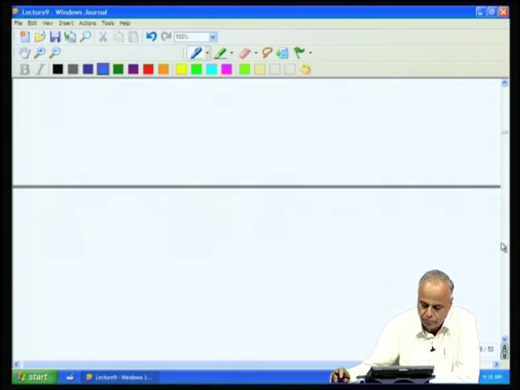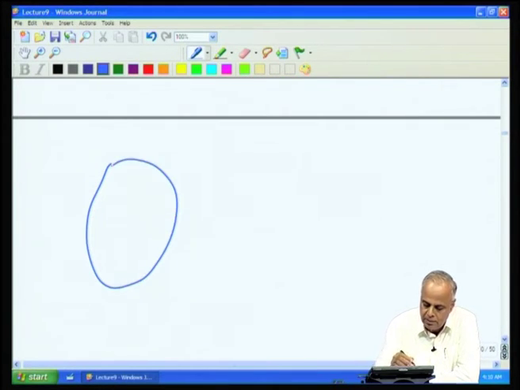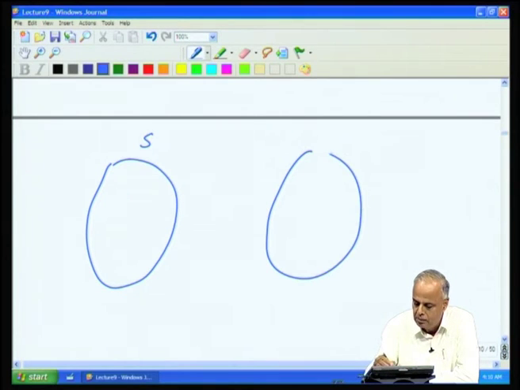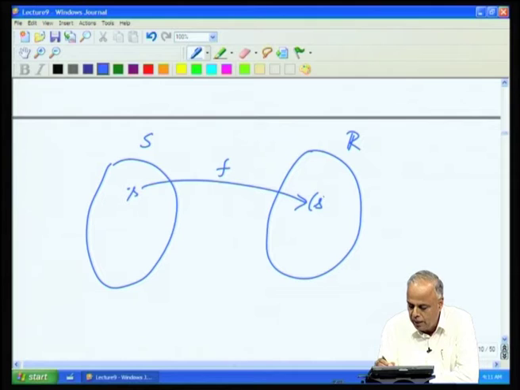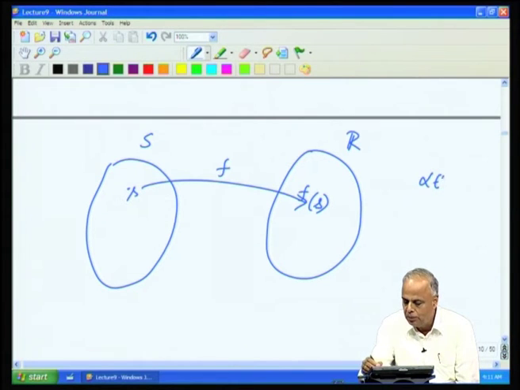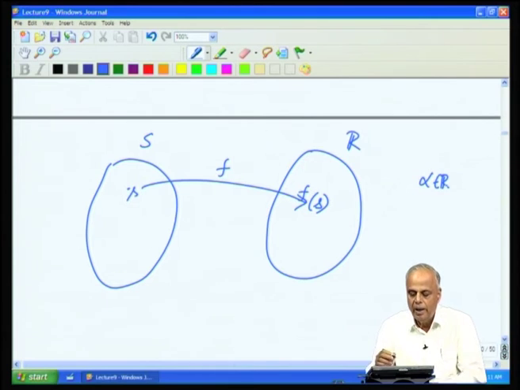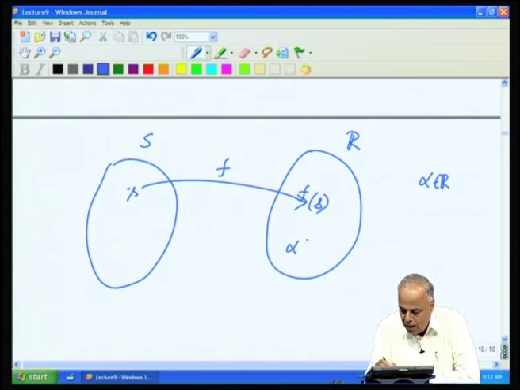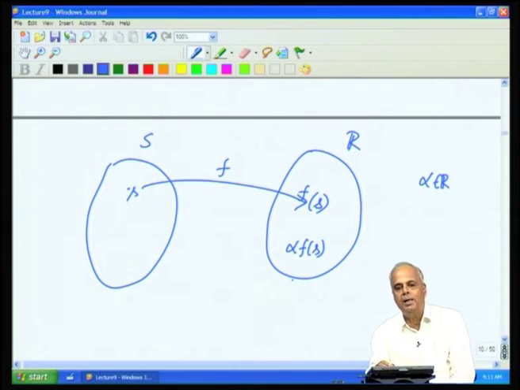Similarly, let us take S and let us take R, the real numbers. Again, suppose I have a function f which with each s associates the value f(s). Now, f(s) is a real number, and suppose I choose any real number alpha. I can multiply f(s) and alpha, and the result is again a real number, because the product of two real numbers is a real number.